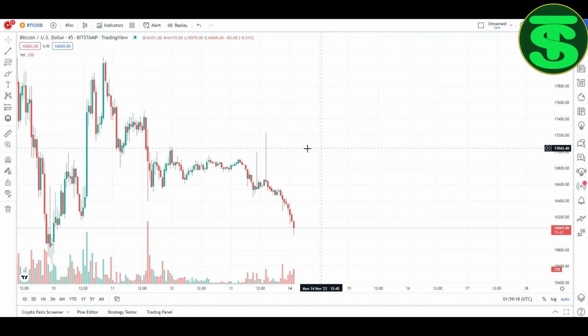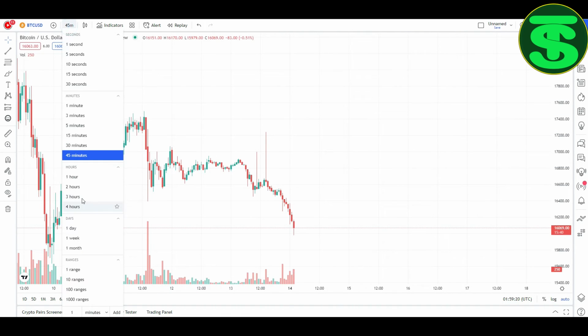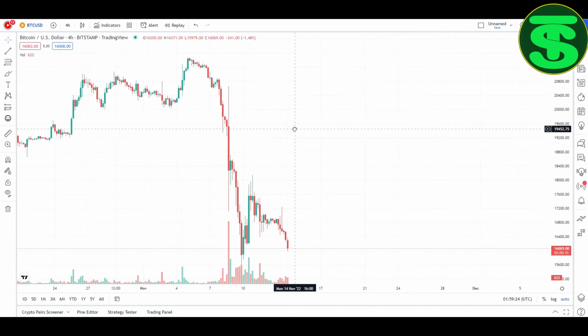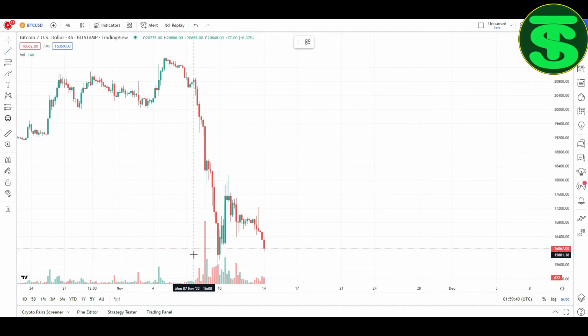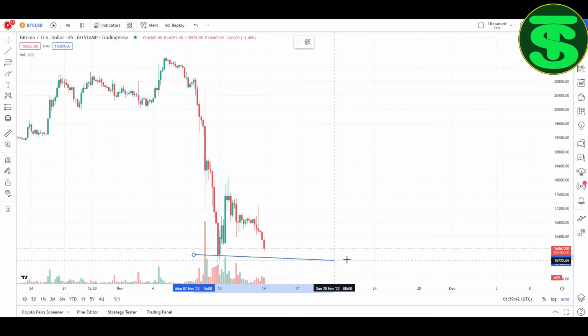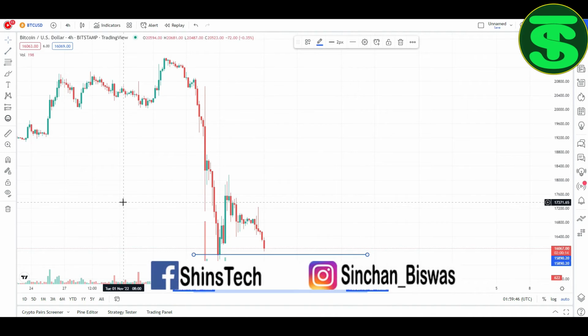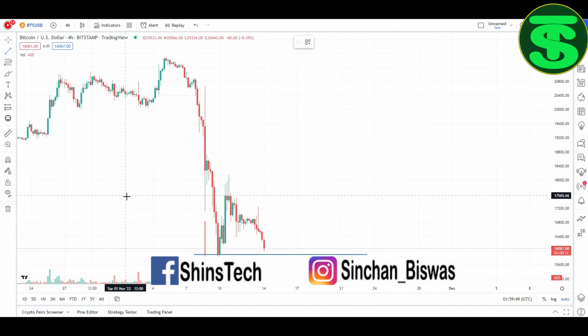If you want more clarification for this, I go to the 4 hour chart. In the 4 hour chart you can see the market is going down, but where is the market going? So for this I take a scale, and take another scale.